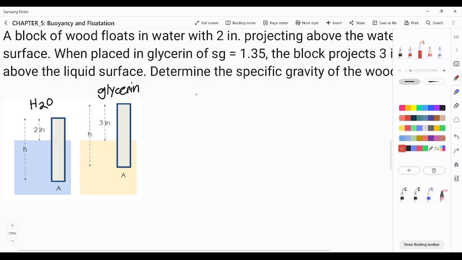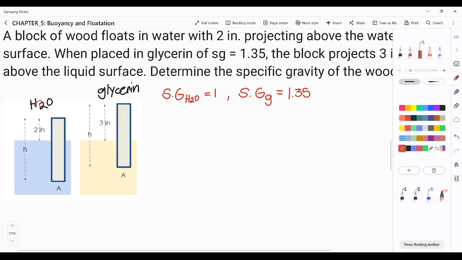And we are also given the specific gravity of glycerine, which is, we all know that the specific gravity of H2O equals 1, and the specific gravity of glycerine is equal to, the given in the problem is 1.35. So yan yung given natin. And with that given, we can solve for the specific gravity of wood. So let's start. How will we solve this?